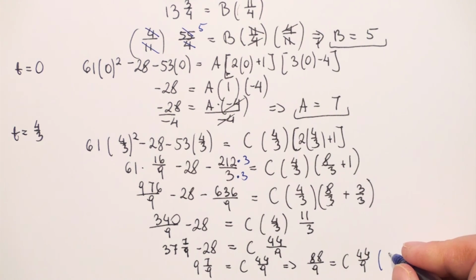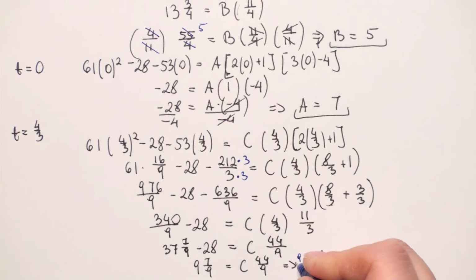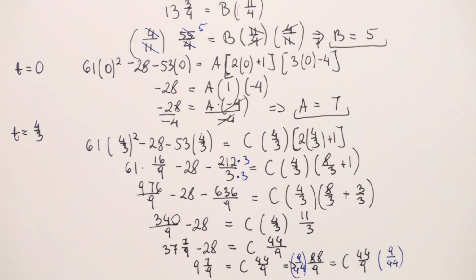It will be 9 over 44. I just multiply both sides by 9 over 44, and now we see that 44 with 44 we can reduce, 9 with 9, and on the left side 9 with 9 we will cancel, and 44 and 88 will be 2. So we have that c is equal to 2.